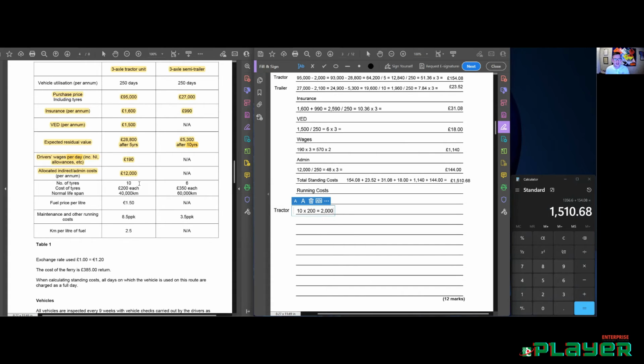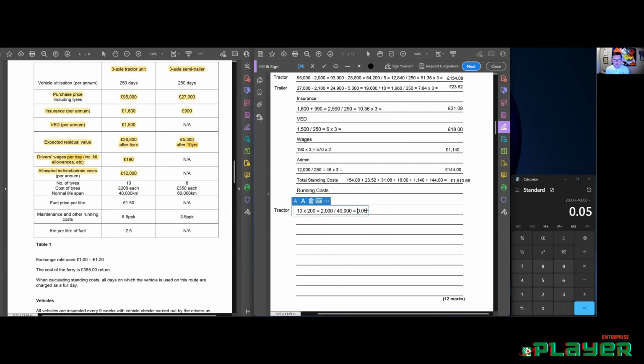And the way I do that is I will divide the total cost of my tyres by the lifespan. So 2,000 divided by 40,000 is 0.05. So my tyres cost me 5 pence per kilometre.